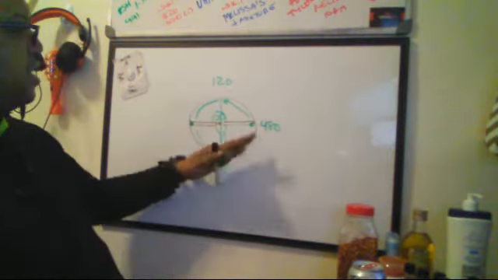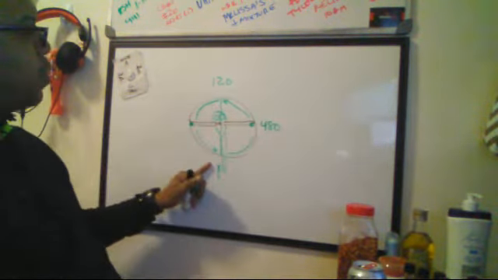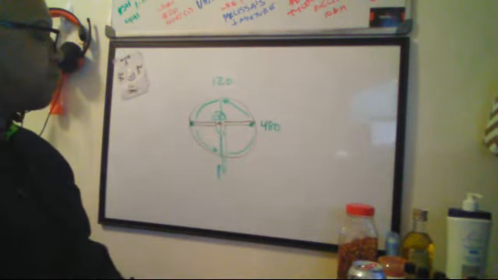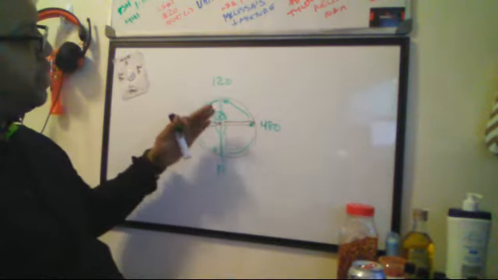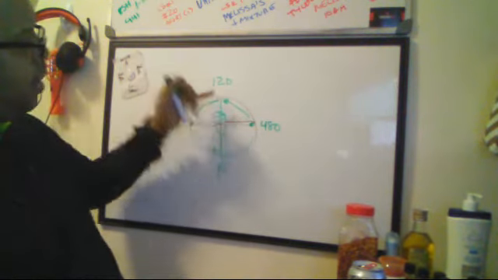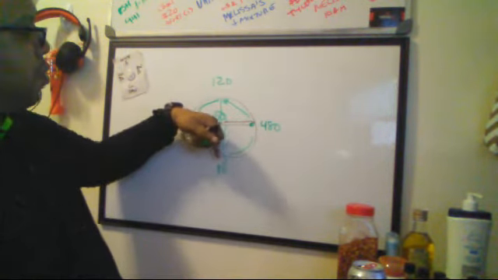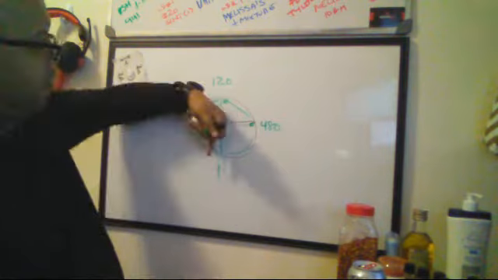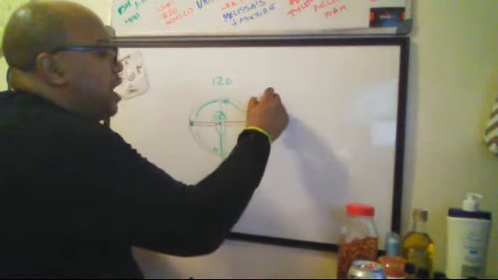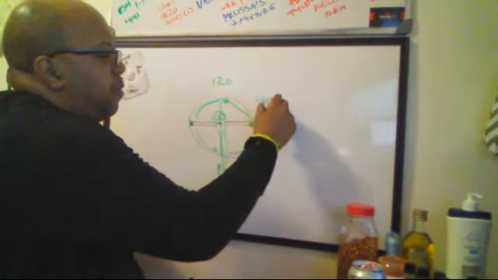Okay, so advancing, moving forward, retreating blade moving backwards. And then we get a dissymmetry of lift, which means we're going to get more lift on one side than we are the other. So if we think about it, while this is moving forward and we have 120 knots, this actual main rotor from the 6 o'clock to the 12 o'clock position is actually moving at 600 miles per hour.